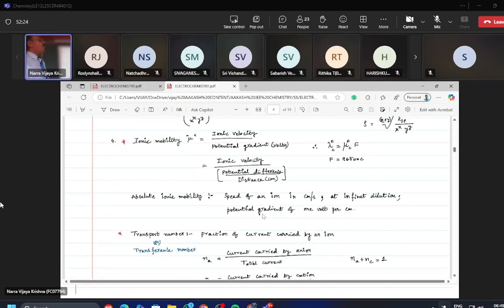Ionic mobility, symbol mu. Definition: speed of ions divided by the voltage applied is called ionic mobility.